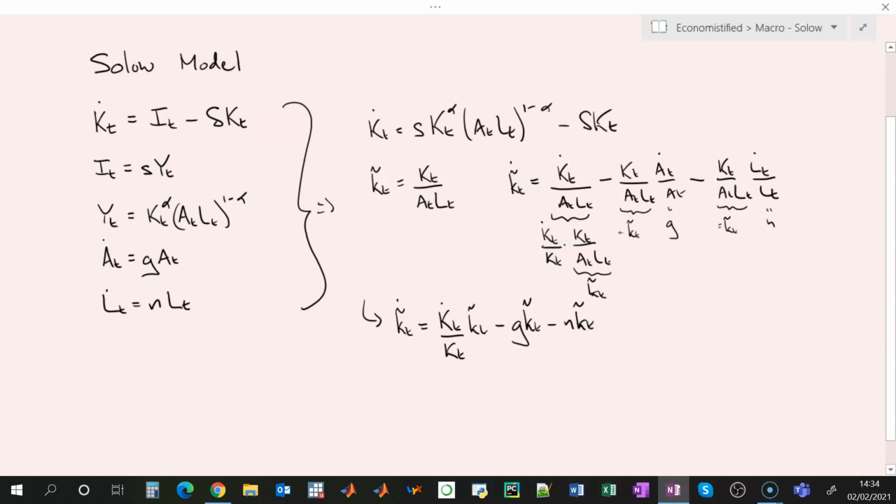Okay, so let's plug in big K dot over K, so the growth rate of the total capital stock, which we know from our capital accumulation equation. It's of course equal to the following.